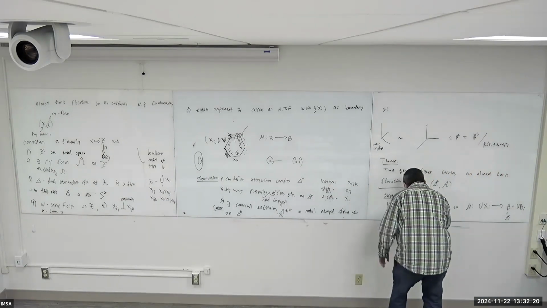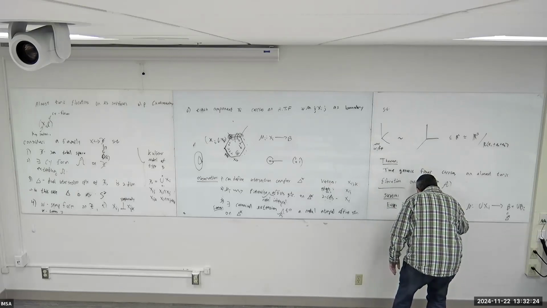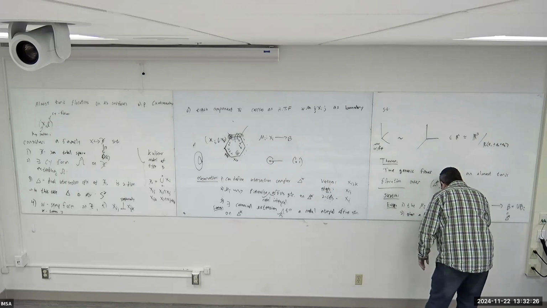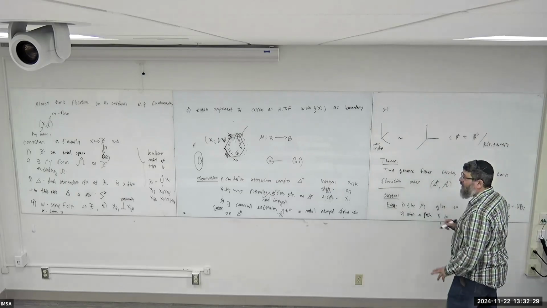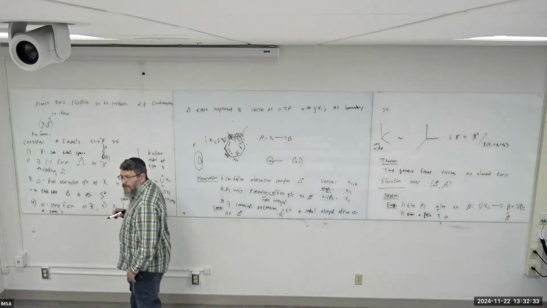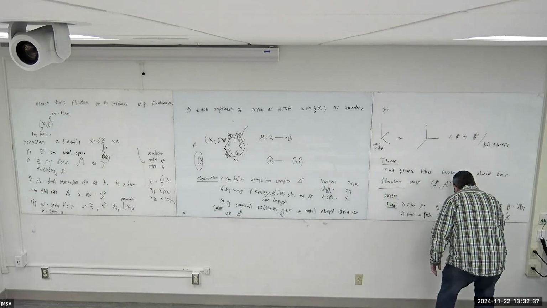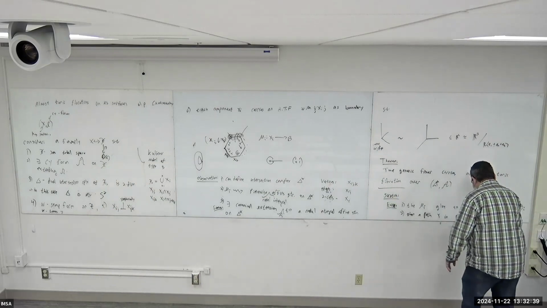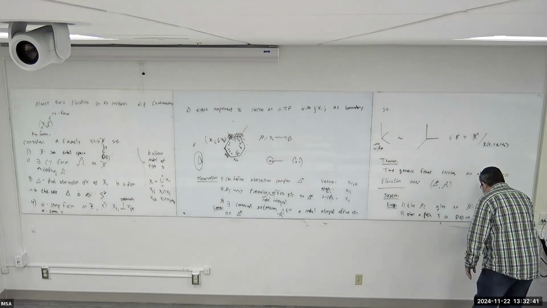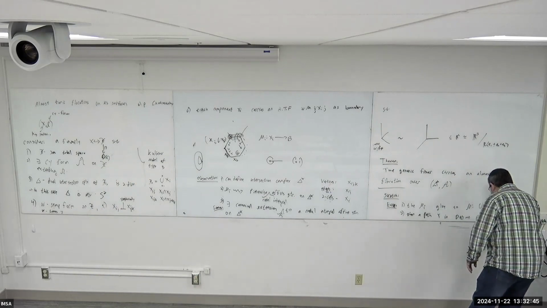And then, okay, so given a path gamma in the epsilon, this gives a map from P gamma to X0.